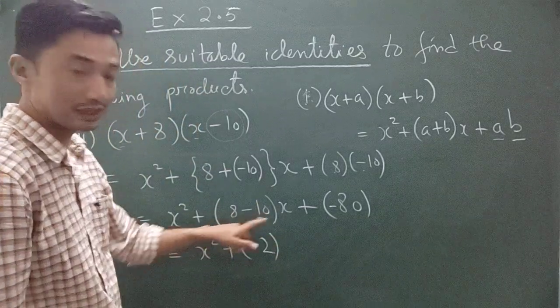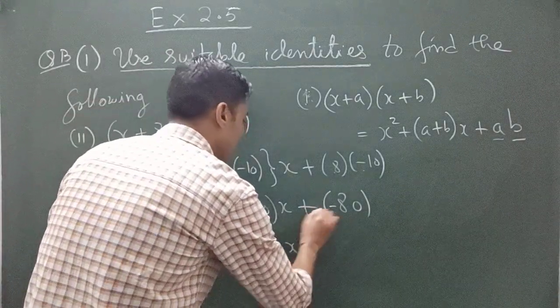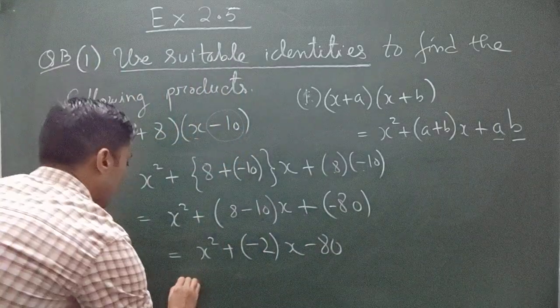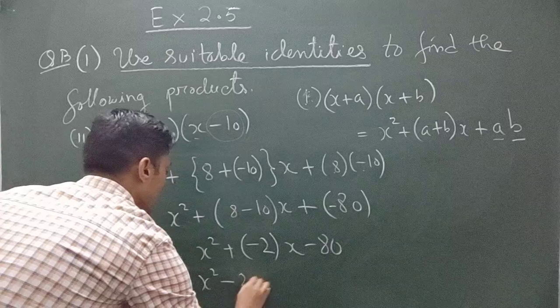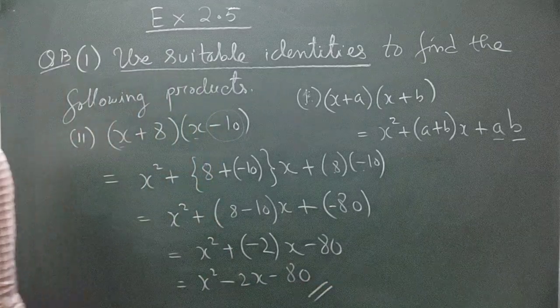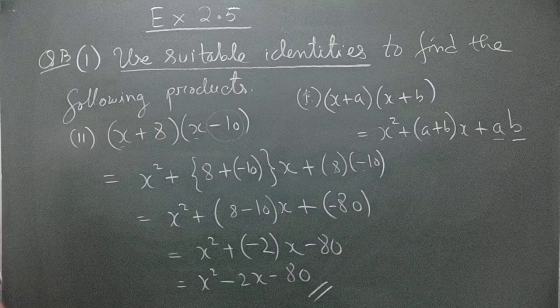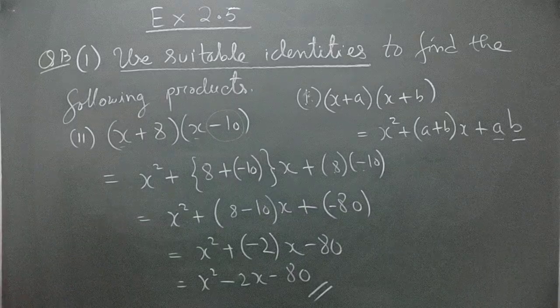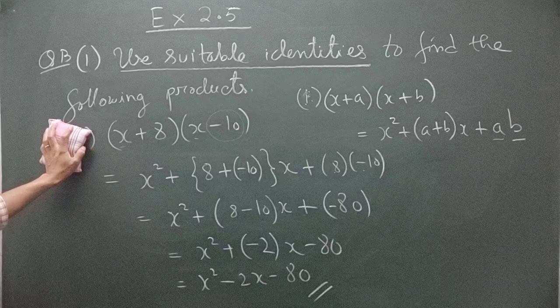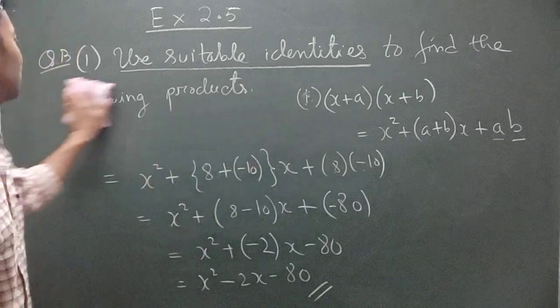So minus 2x, plus into minus, minus 80. Finalizing the solution: x squared minus 2x minus 80. All right? Okay, I'll rub off.